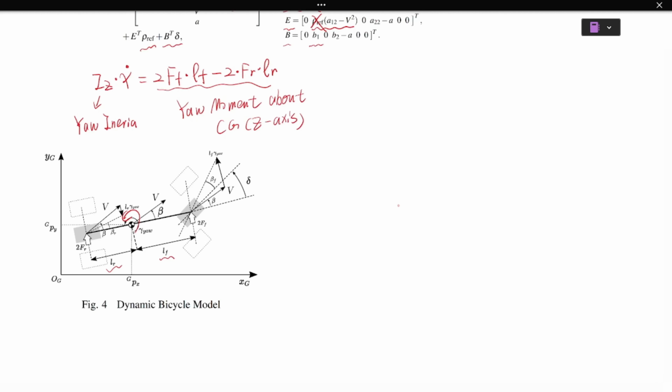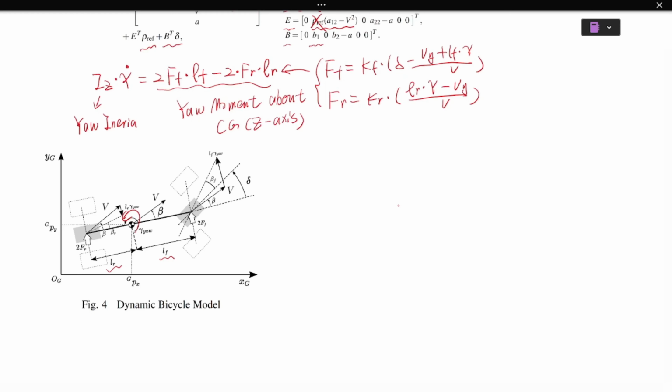Okay, so just now we derived Ff equals Kf times delta minus Vy plus Lf times gamma over V, and Fr equals Kr times Lr times gamma minus Vy over V. So replace these two parameters into this equation.